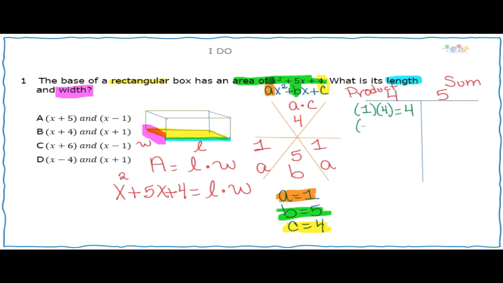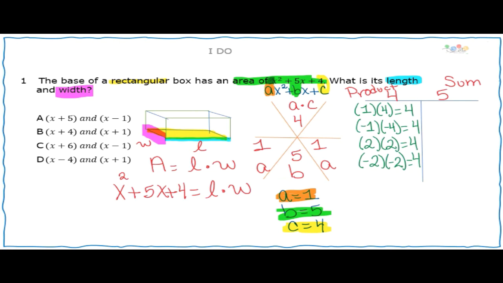But remember that when you multiply two negatives, you also get a positive 4. After 1 comes 2, so 2 times 2 gives me 4. And negative 2 times negative 2 also gives me a positive 4. I know I'm done because 2 and 2 are right next to each other. So we're done with the factors for my product of 4.